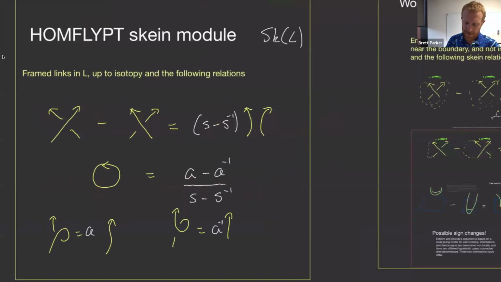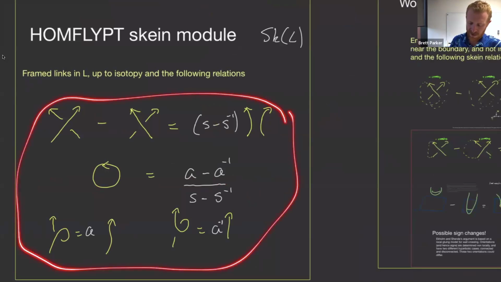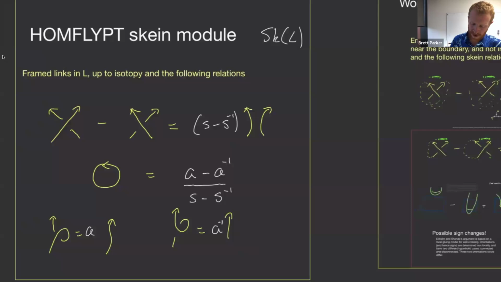The HOMFLY Skein module is oriented framed links in your manifold up to isotopy, with these three Skein relations, where exchanging a positive crossing for a negative crossing gives you s minus s inverse times what you get by resolving the crossing.